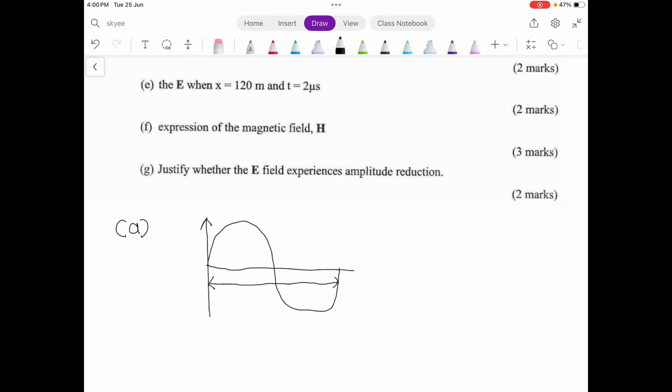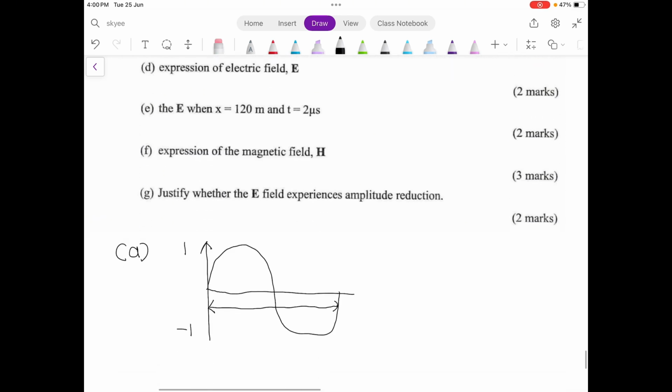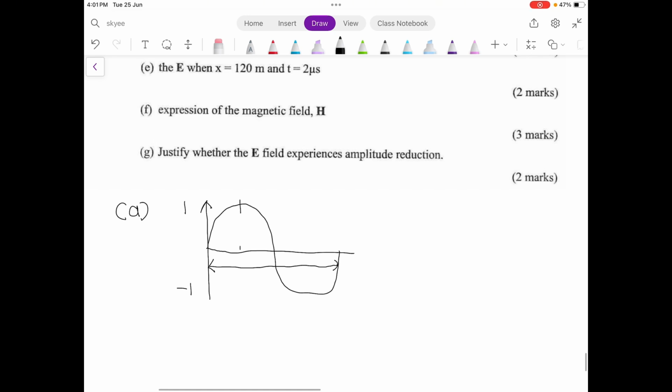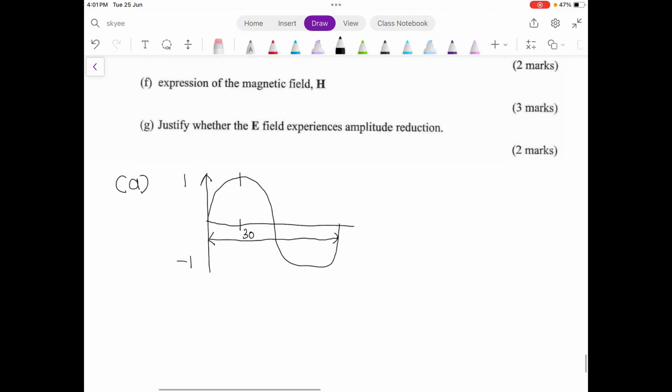Just now it mentioned that the maximum is 1 and -1, right? 1 and -1 at the position of 30 meter and 150 meter. This is 150 meter. This is the minimum.